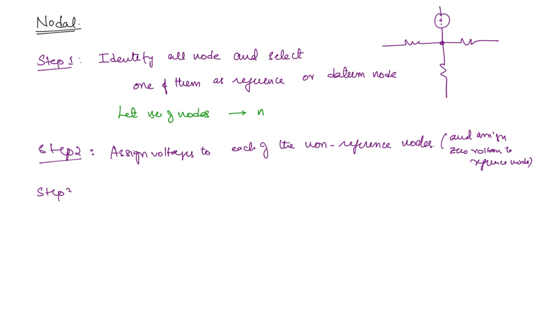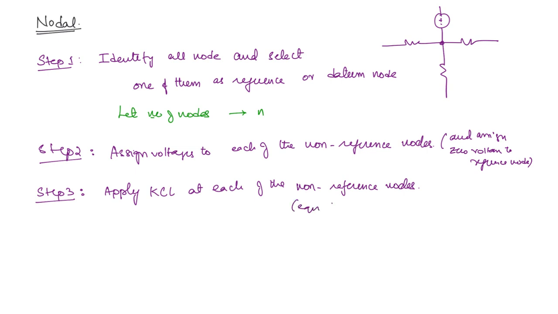The next step is to apply KCL at each of the non-reference nodes, and the equations should be in terms of the node voltages that we have assigned in step 2.